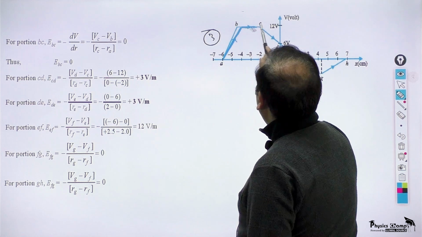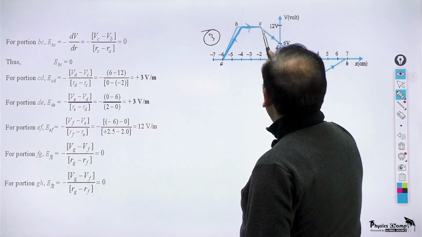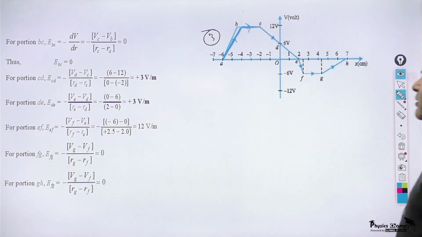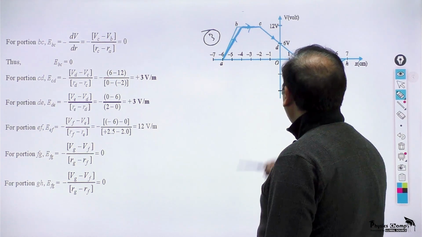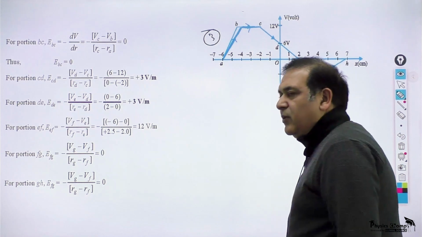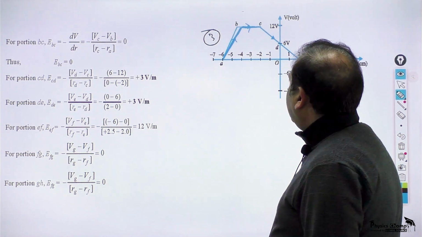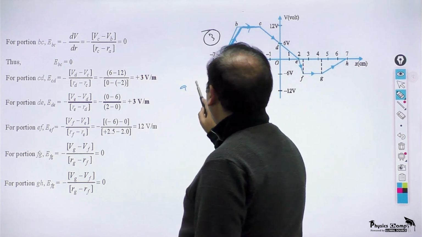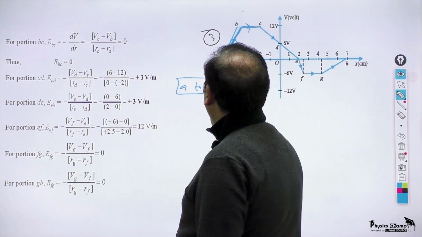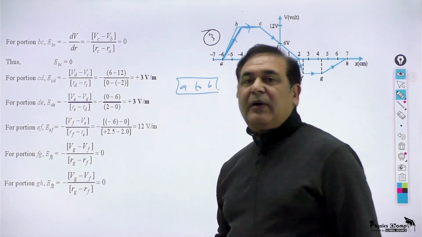There is a potential that is changing in this graph. Potential is 6 volt here, 12 volt here, minus 6 volt, minus 12 volt here. In the part A to B, I am interested in electric field.